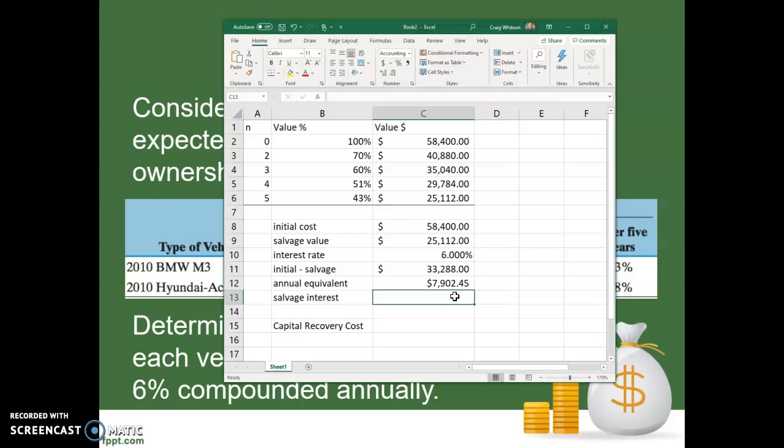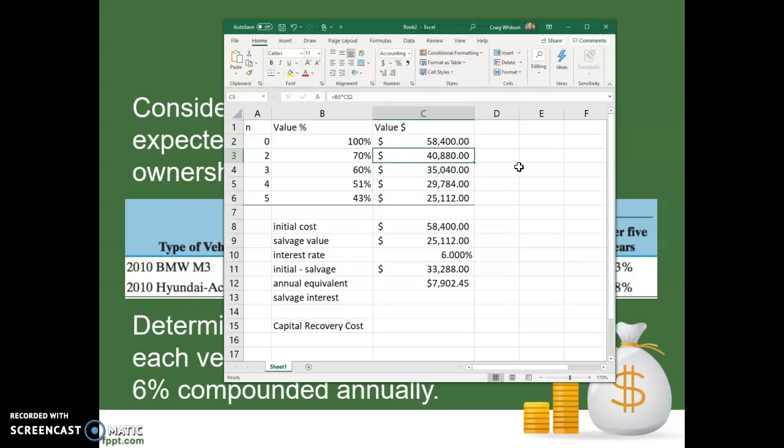And that opportunity cost is that for every year that we own this car, and we don't sell it, we are potentially losing interest. We are losing the opportunity to earn interest on $25,112. We could, instead of owning this BMW, sell it.